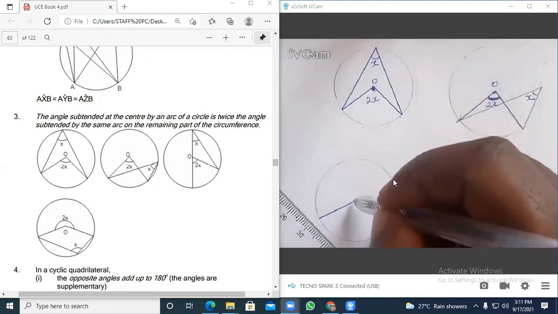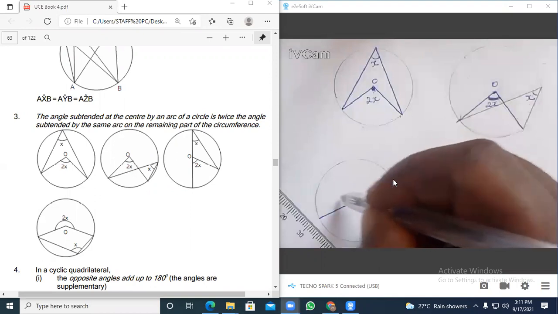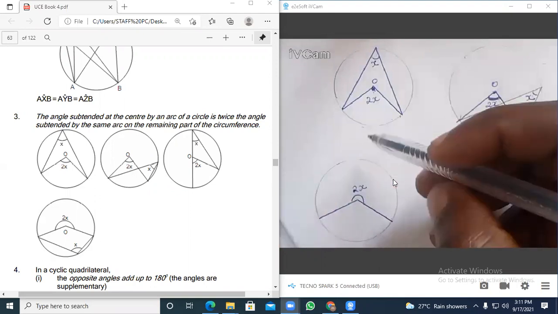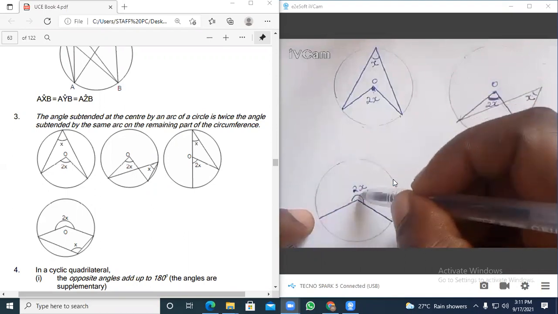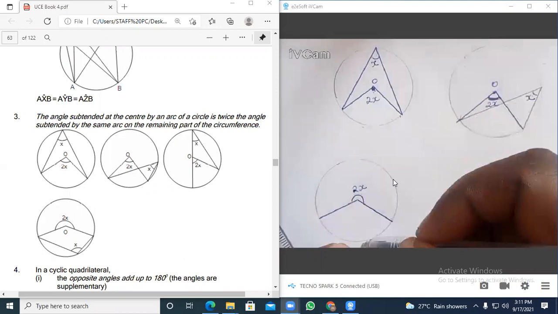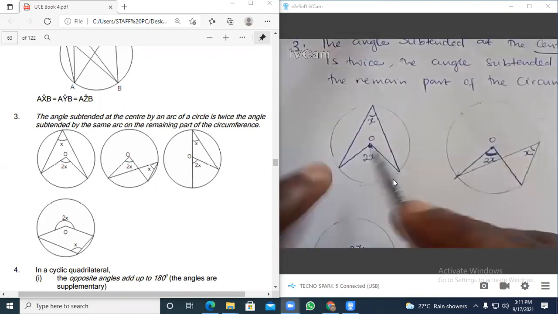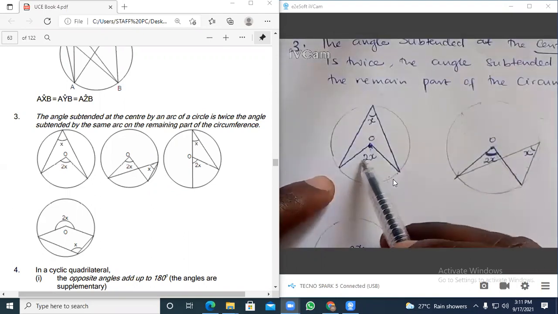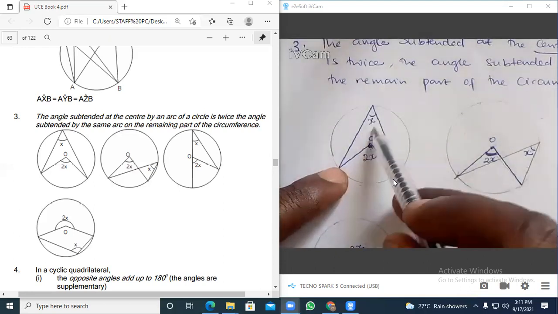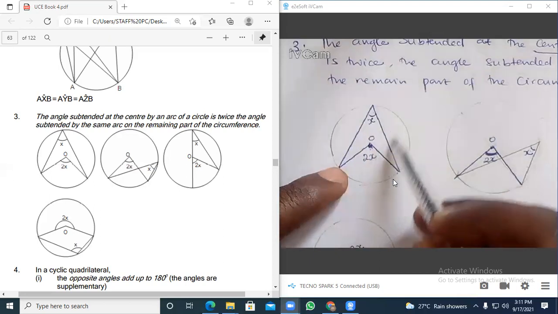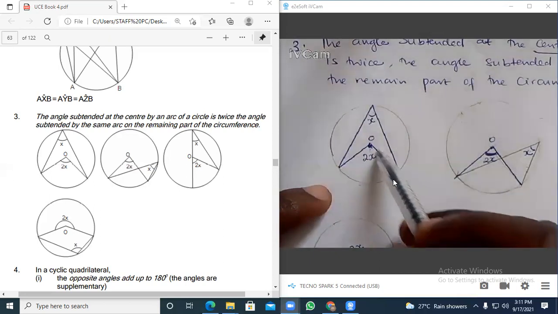Now this angle, which is this side, the 2x. We should not have any angle this side. The angle that should be half of this should be on this other side. Are we together? The 2x is this side, then the angle that should be half of it should be the other side, not in between this pizza thing.